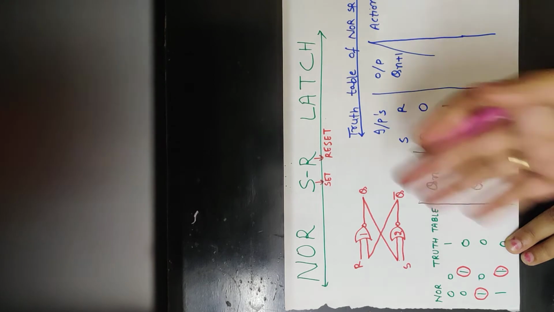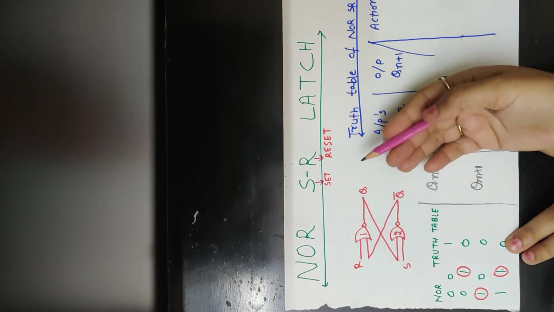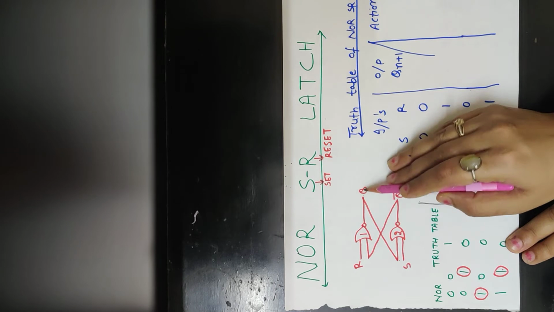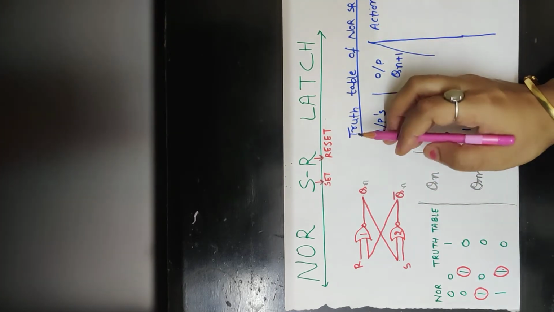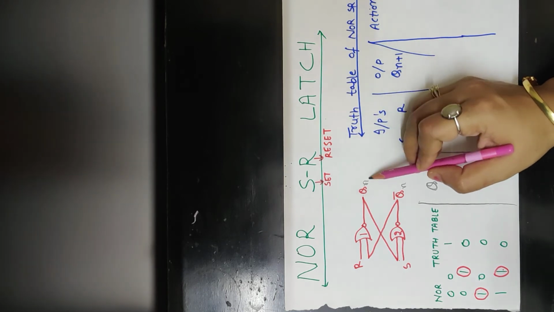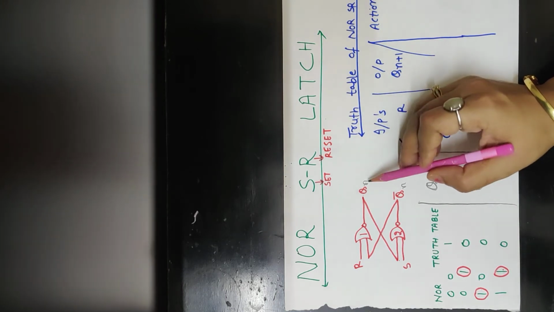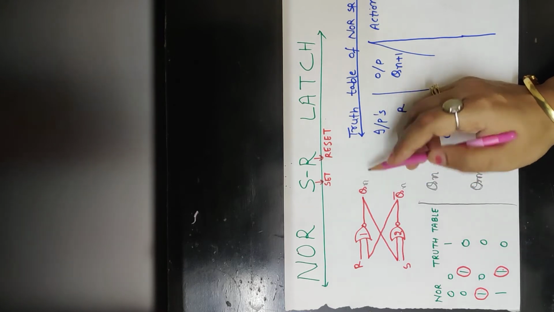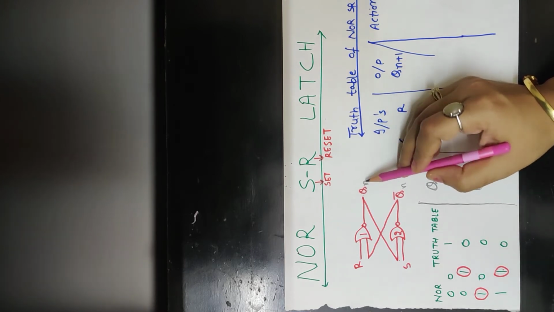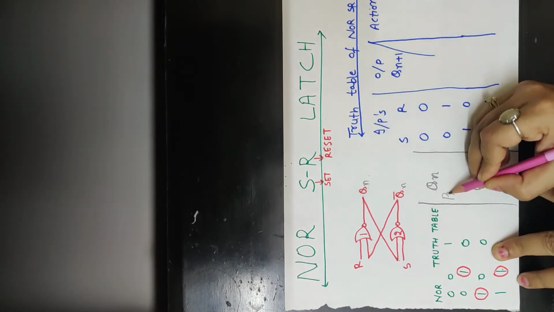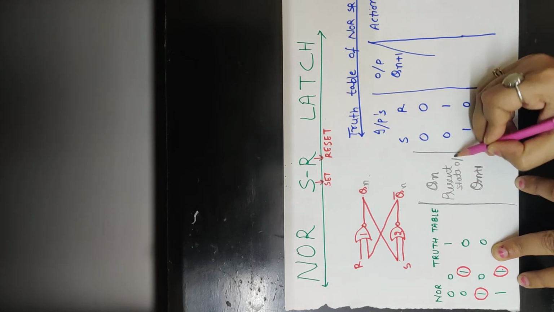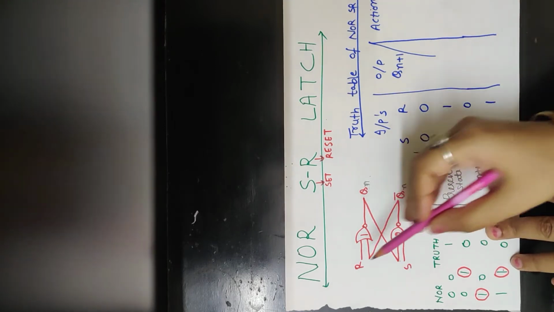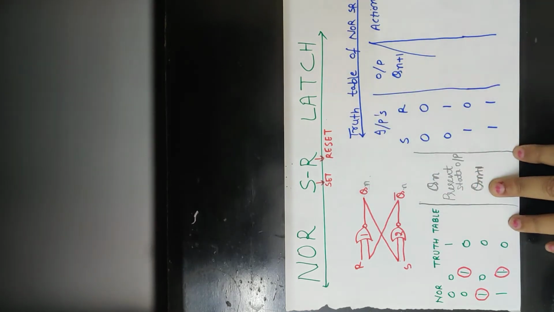So as we know, if some inputs are present, there will be some output corresponding to that input, and that output we will consider as Qn and Qn bar. So this output that already pre-existed with the latch, the output that is already stored in the gate, is called the present state. This is the present state output. Clear? Because there is some input, because of this input there should be some output, and that is called the present state output.